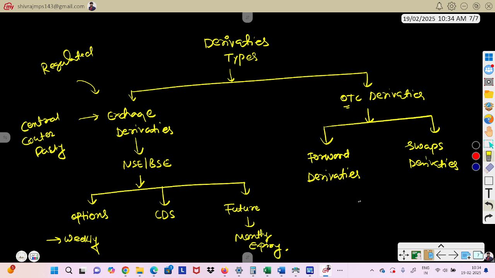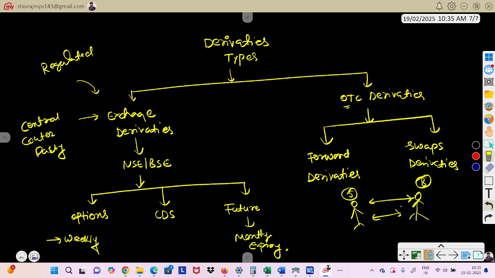In OTC, the key difference is that all OTC contracts are customized contracts. Buyer and seller can directly negotiate with each other, so you don't require any third party in between. You can agree together and execute the contract. So this is how OTC derivatives work.